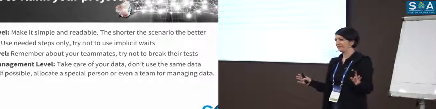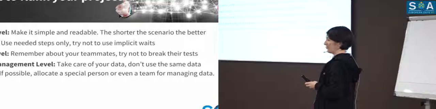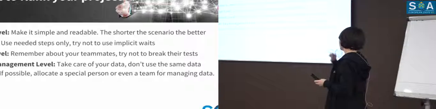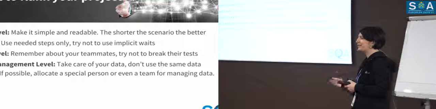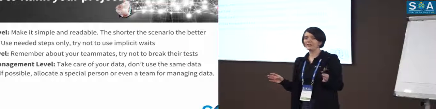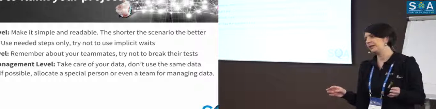To sum up everything, on scenario level, not to flunk a project, these are the good advices now. On scenario level, make your scenario simple and readable. The shorter the scenario, the better. On the steps level, use only needed steps and try not to use implicit waits.